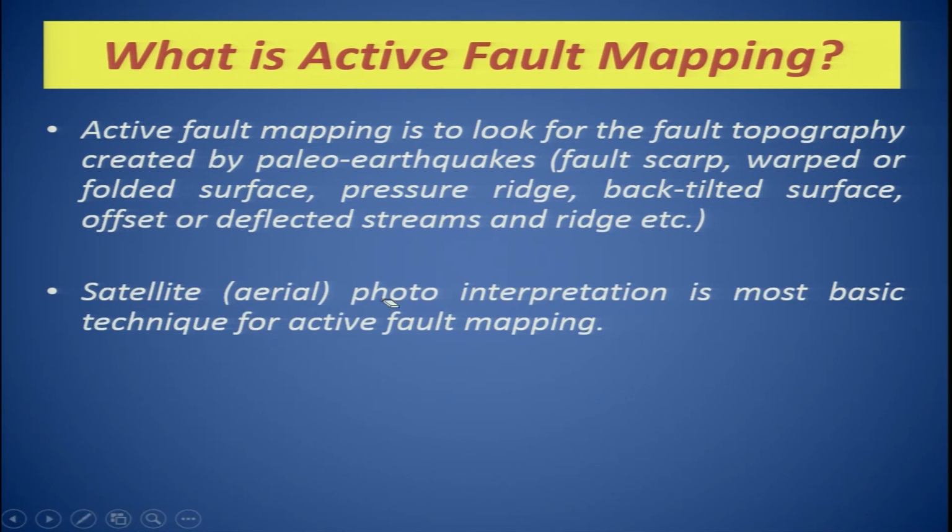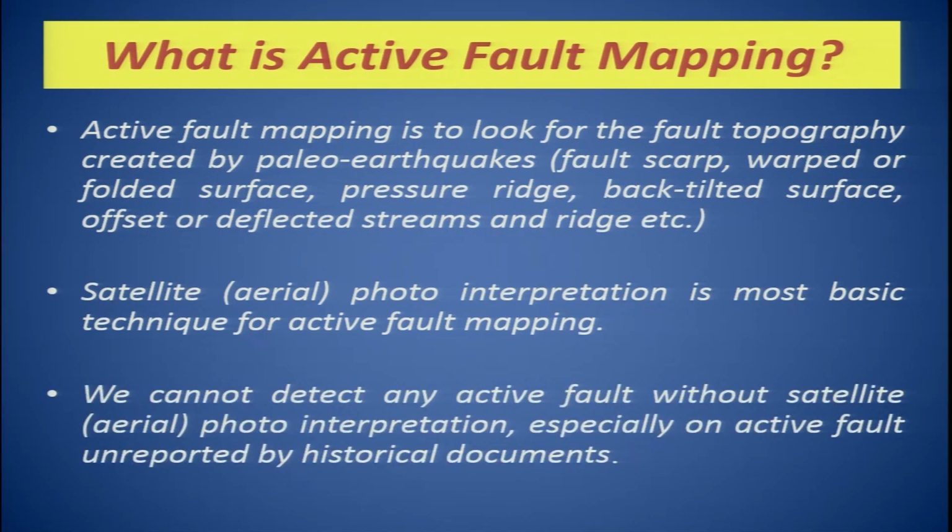But as I told, we will also look at the different tectonically formed landforms in different environments. This we will slowly learn in coming lectures. Okay. So, we cannot detect any active faults without aerial photographs or high resolution satellite data, especially active faults unreported by historical documents.